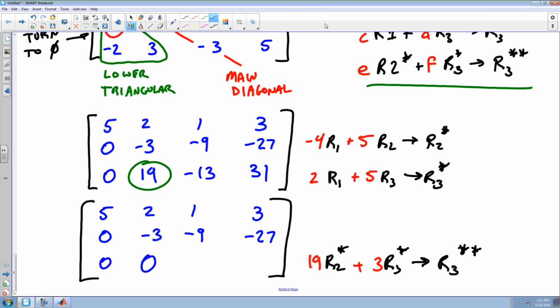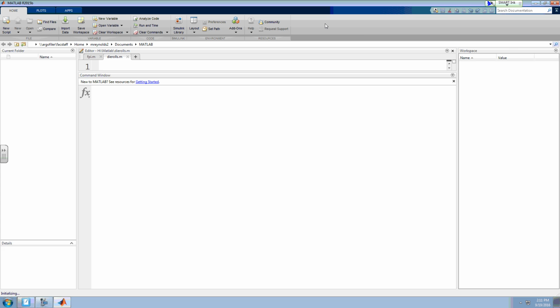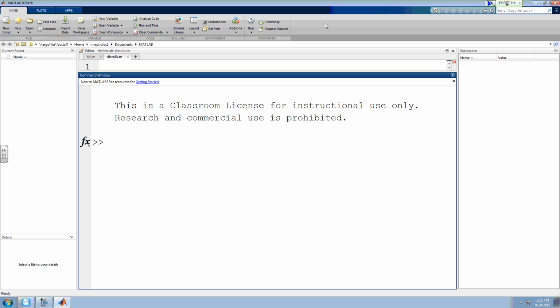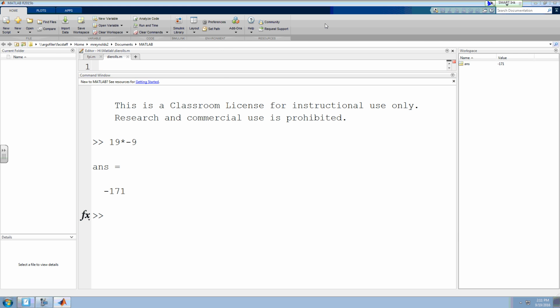Because the next one I have to do is 19 times row 2. 19 times row 2, which is minus 9. So that's going to be 19 times negative 9. That's minus 171.